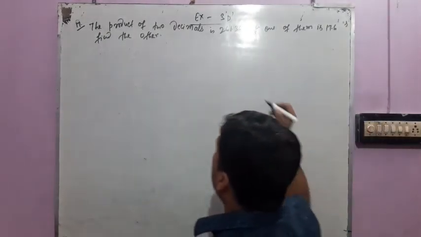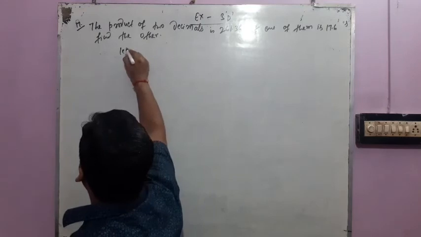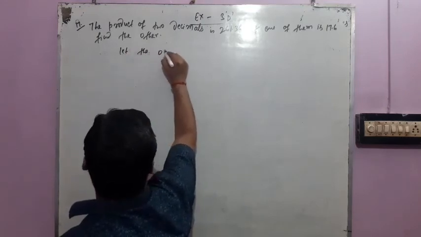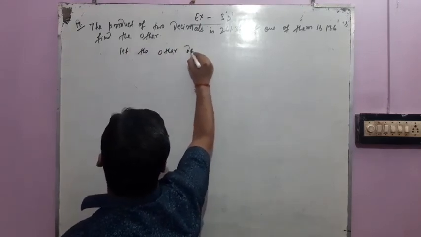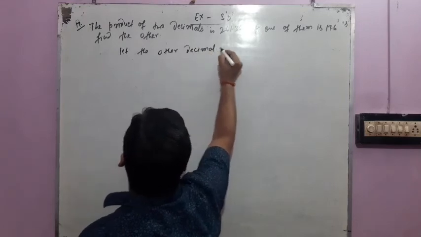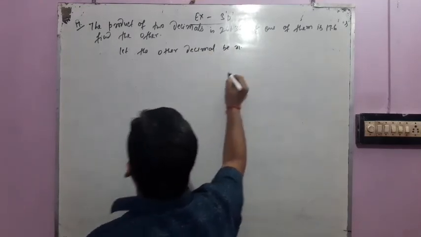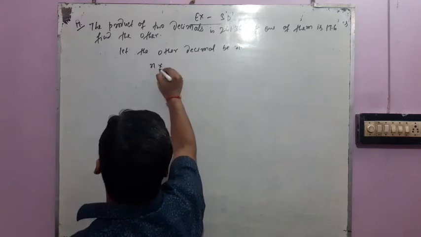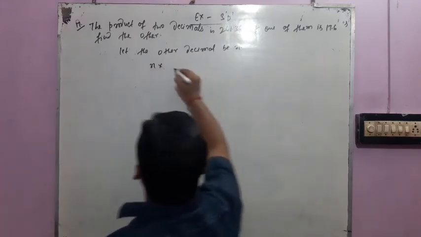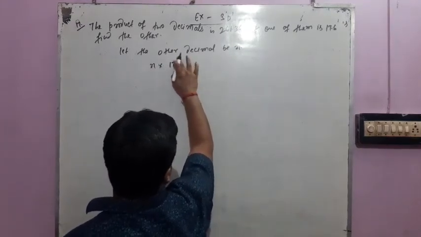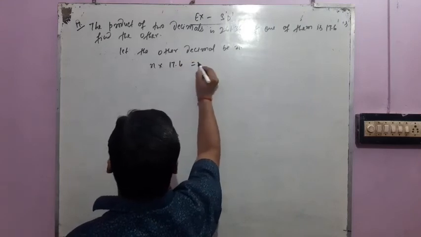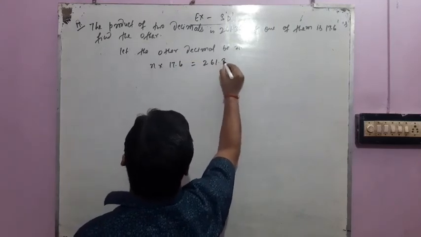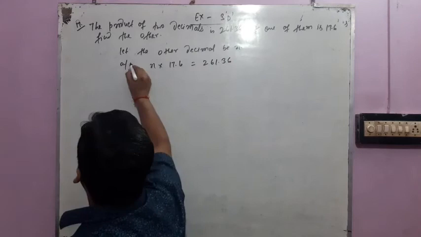Now let the other decimal be x. Okay. Now when x is multiplied with the given decimal 17.6, the product will be 261.36 according to the question.